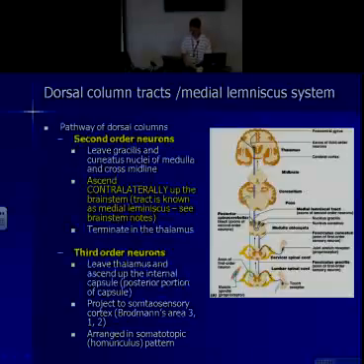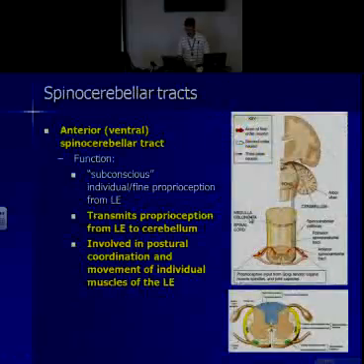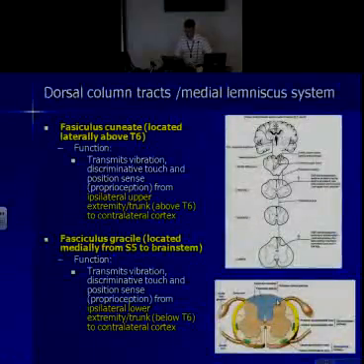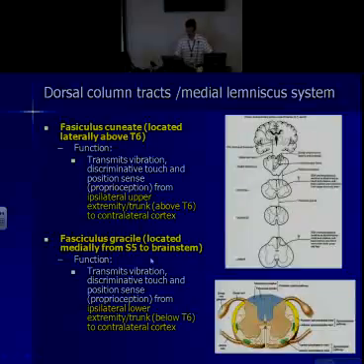The only final discussion, if I can find it here with this dorsal column, is inside these columns you have the fasciculus cuneate and gracilis. These guys are a little bit more medial as far as the gracilis. In other words, down in the lumbar thoracic region, there is no cuneate.